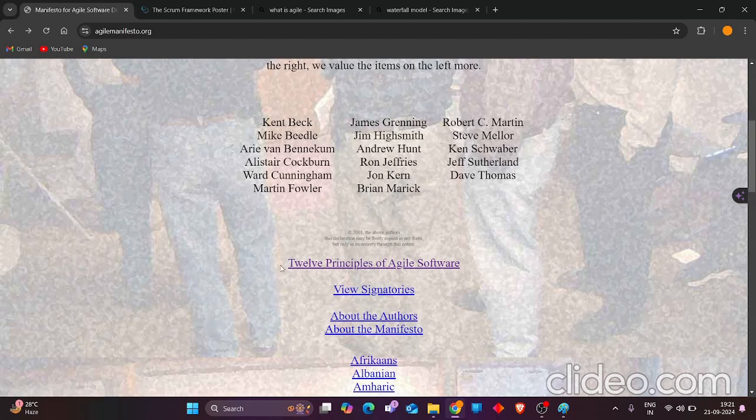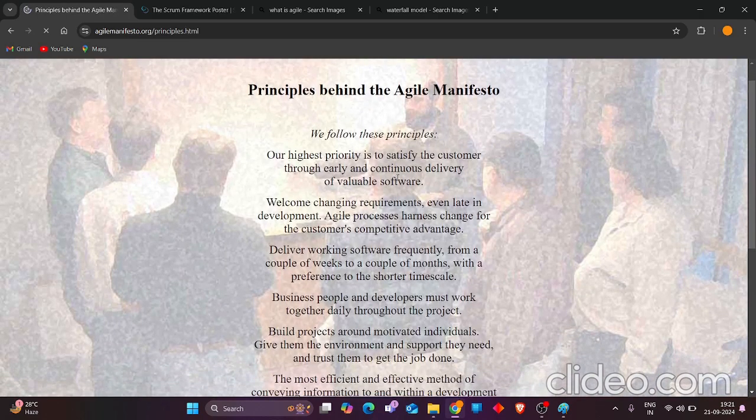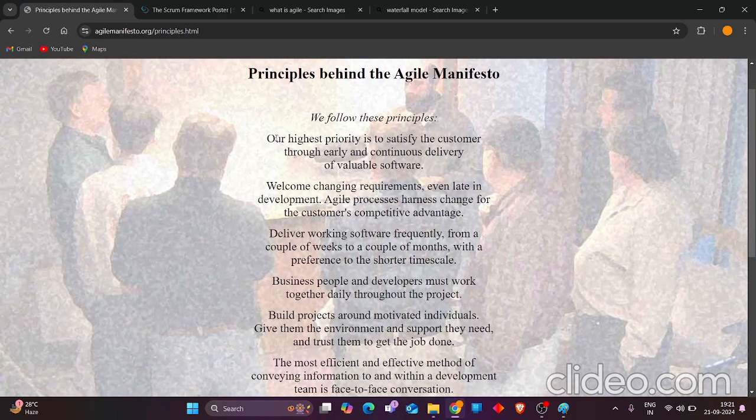Now I'm going to explain the 12 principles of Agile software. First principle: our highest priority is to satisfy the customer through early and continuous delivery of valuable software. This principle explains that we should give our utmost priority to the clients.